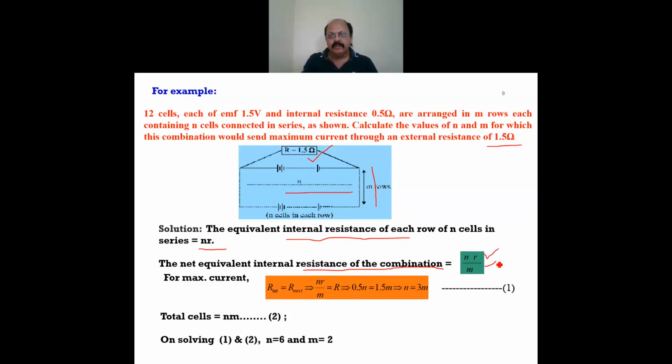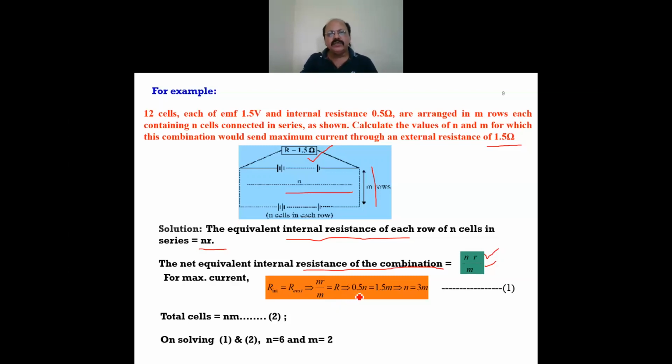Just in the previous slide you have understood the formula. Then for maximum current, R internal equal to R external, equal to nr upon m, which is equal to capital R.